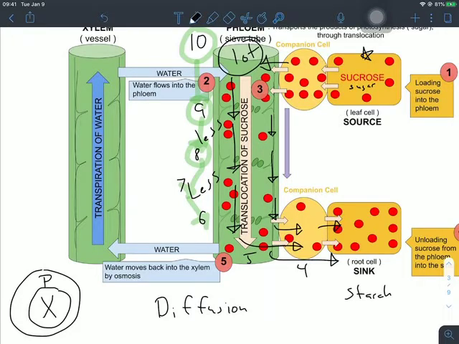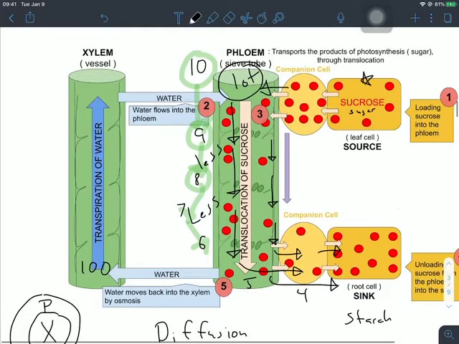Now keep in mind that this is 100% water, right? The idea here, moving through the xylem, is that there's nothing but water.